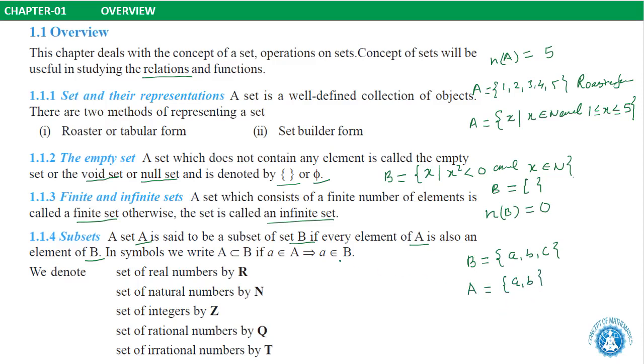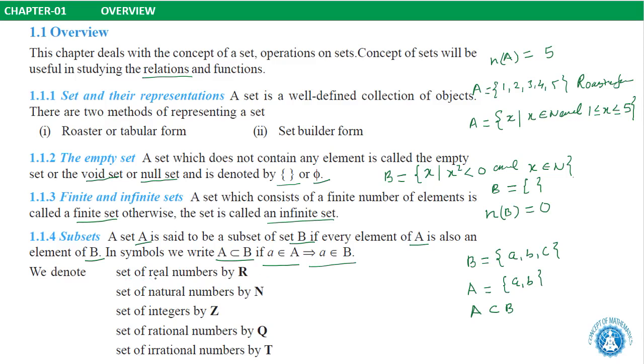Then every element of A is also an element of B. So we can say that A is a subset of set B. In symbols we can write it like this, and this implies x is an element of A implies x is an element of B also.